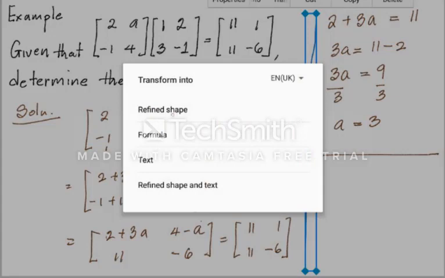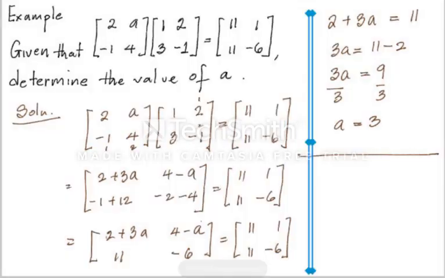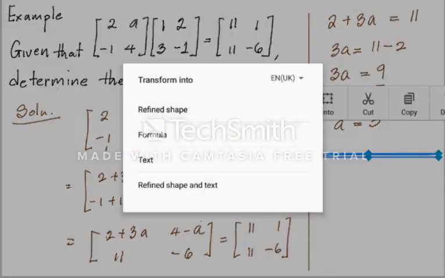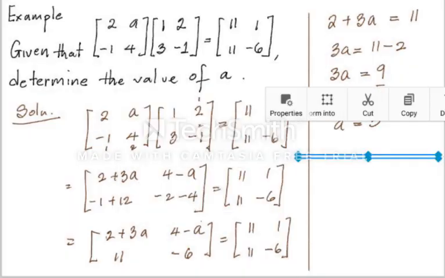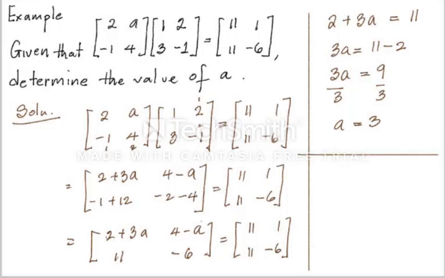Yeah, we sort of could, because we have another equation with A. 4 minus A is the top right element on the left, and that is equal to 1, which is the top right element on the right.